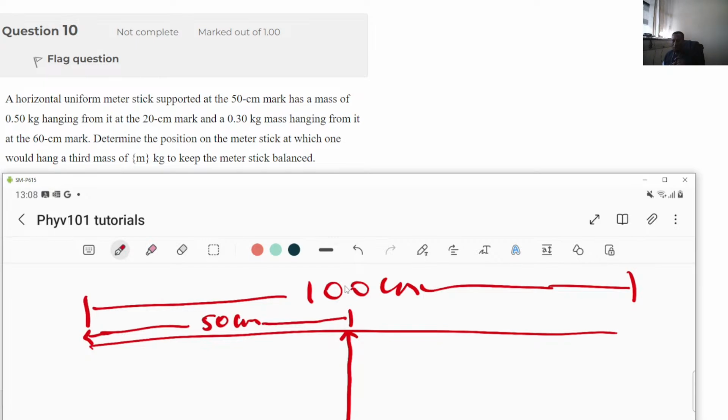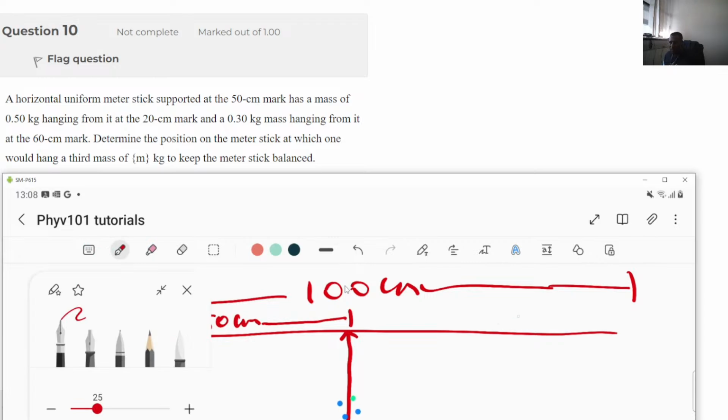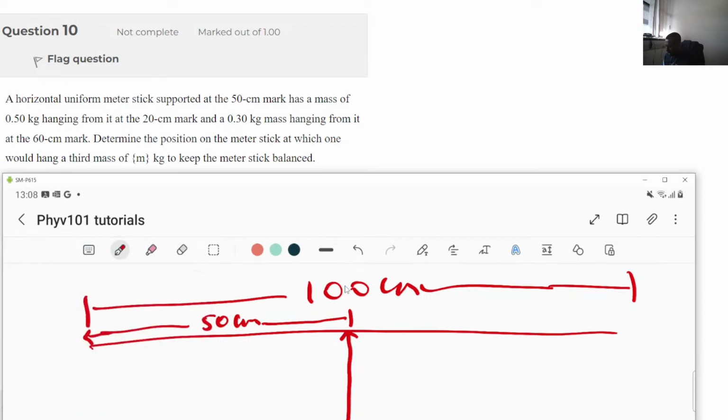Has a mass of 0.5 kilogram hanging from it at 20 centimeter. Let's start there. There is a mass at how far? 20 centimeter. Let's say on this side. I want this pen. This one 20 centimeter.